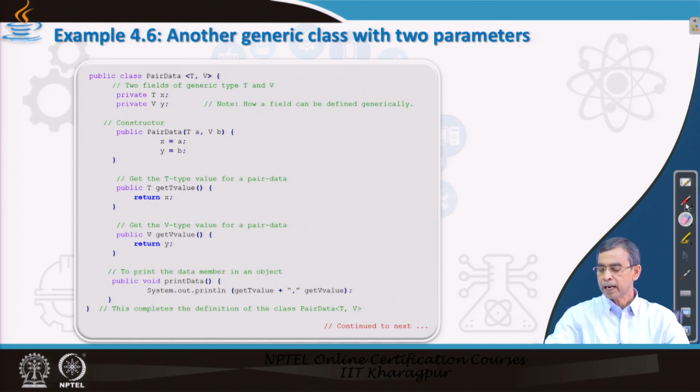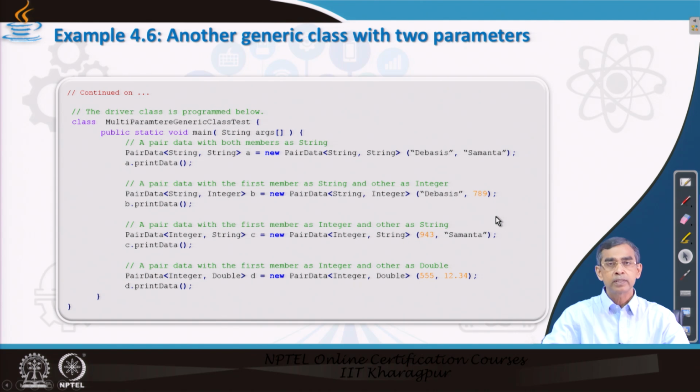Now, let us see how the same program can be utilized in your main. So, the driver class looks like this. Let us see the driver class here. It is the multi-parameter generic class test demo. Now, in this example, we create an object, A is the name of the object, which includes two elements.